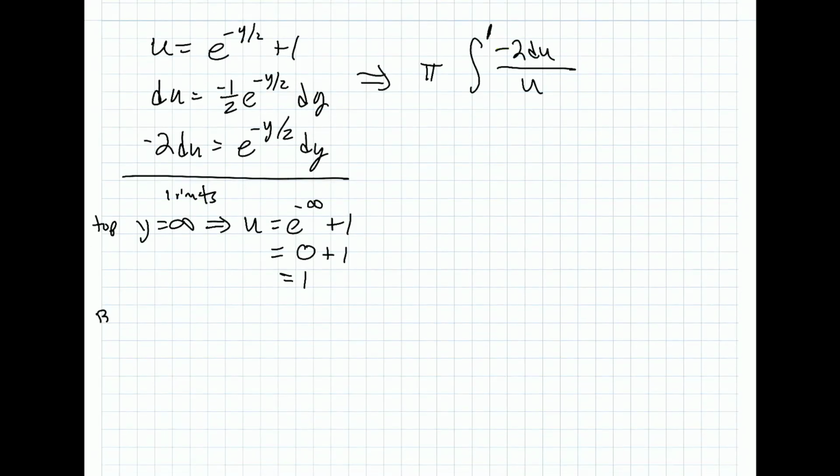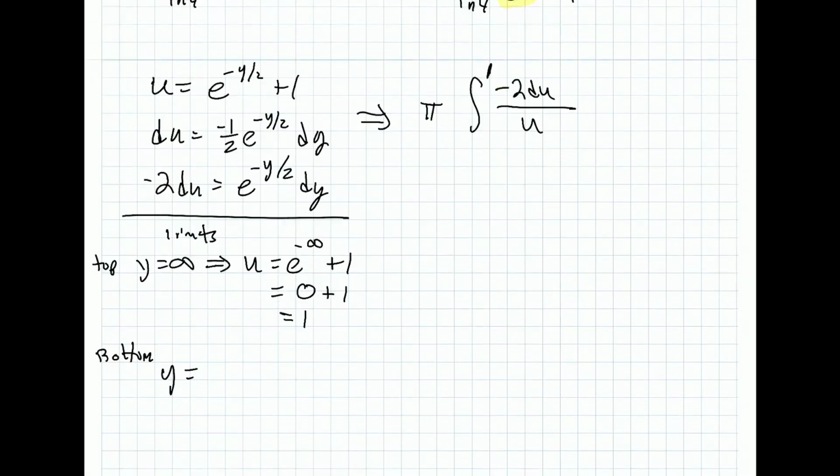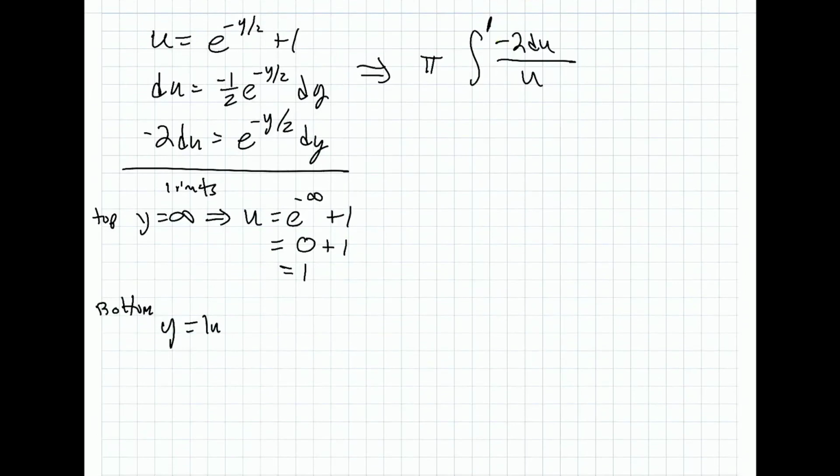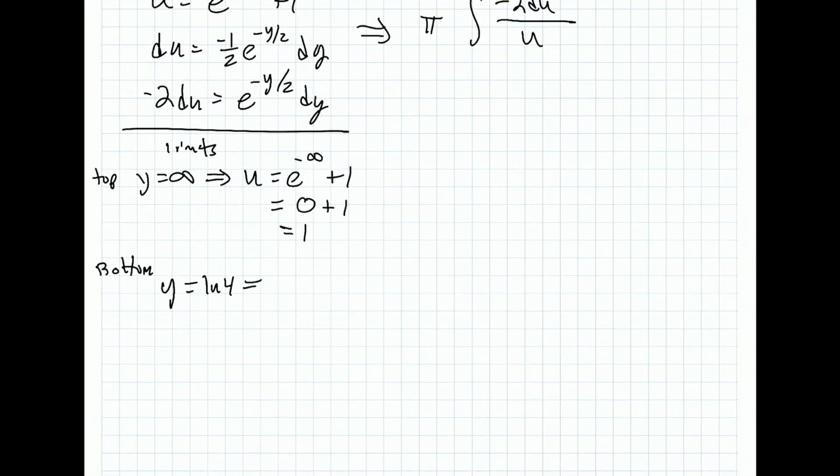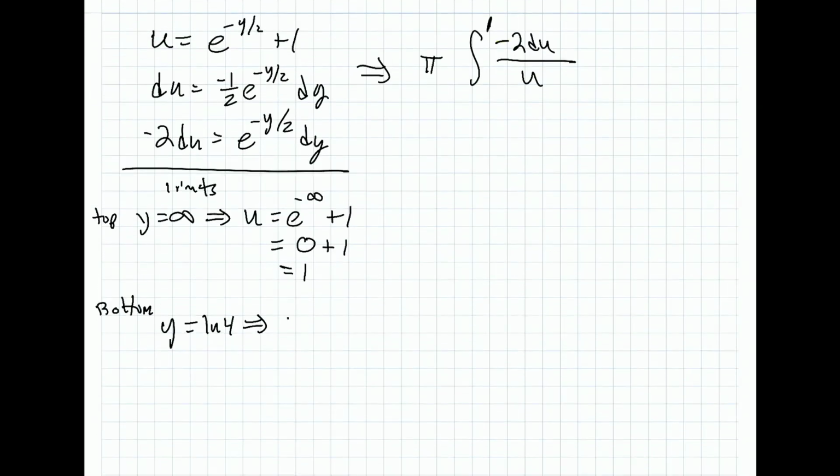And then your bottom limit was y equals ln 4. So you put that into your substitution. u is e to the negative ln 4 over 2.